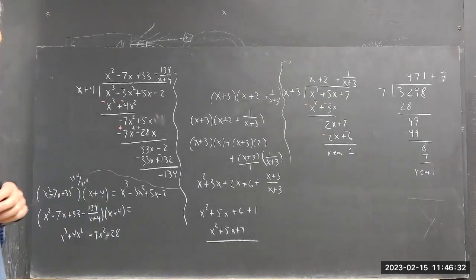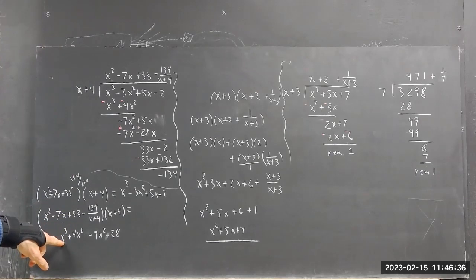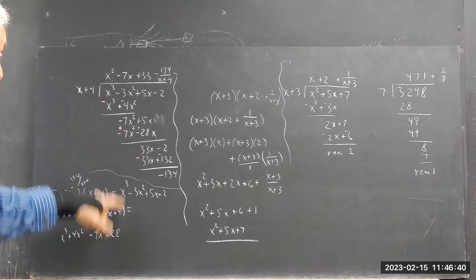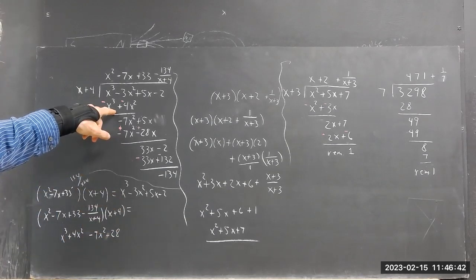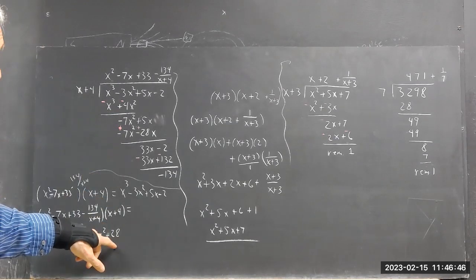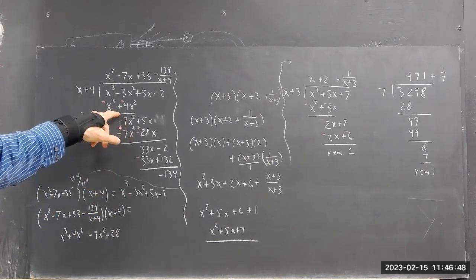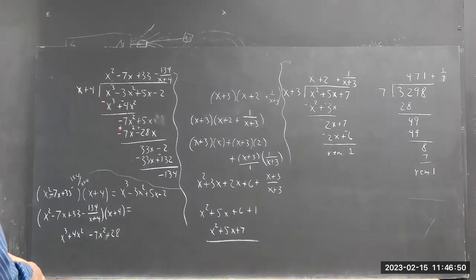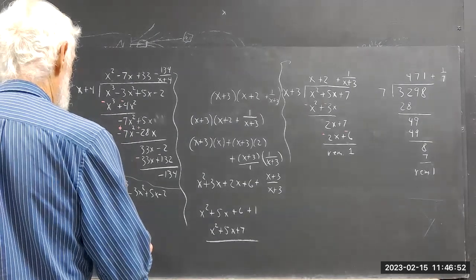And of course, you see, right here's my x cubed plus 4x squared, right? When I do the distributive law, x squared times x plus 4, I can see it right there in my long division. And I see my minus 7x squared minus 28x right there in my long division. You might want to think about what that tells me.